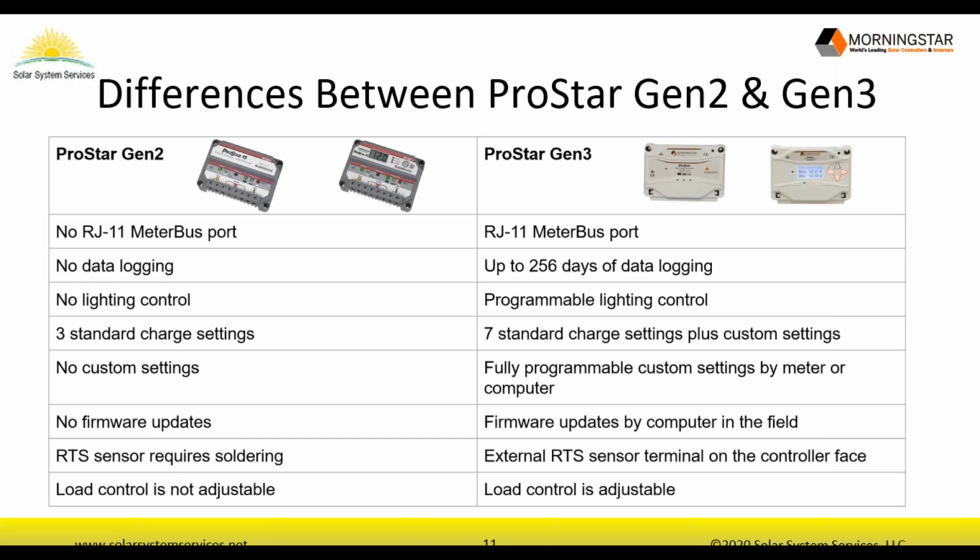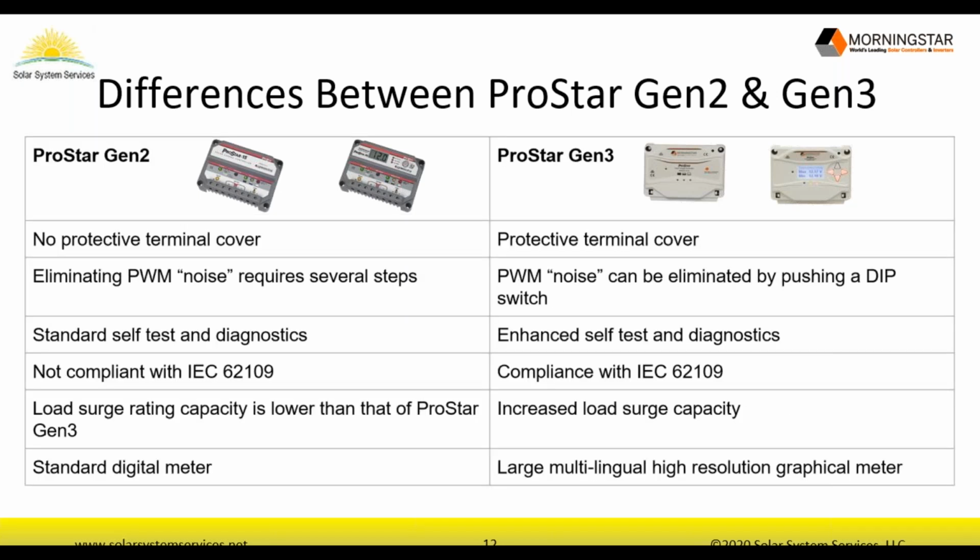I had a couple of customers that had to do that, and they were not pleased to have to do that in the field. So just being able to have some screw terminals made it a lot easier. And also a whole bunch of load control as well now, a whole bunch of features there we're going to go into detail. So there's some major improvements with Gen 2 to Gen 3, and we're going to try to get into some of these in detail here as we go through the presentation.